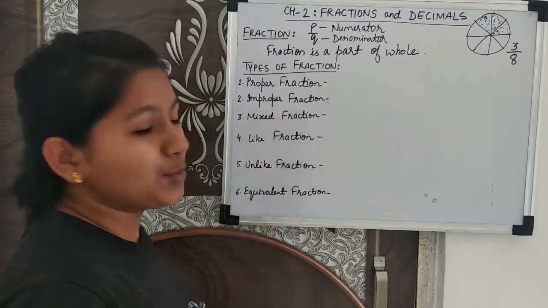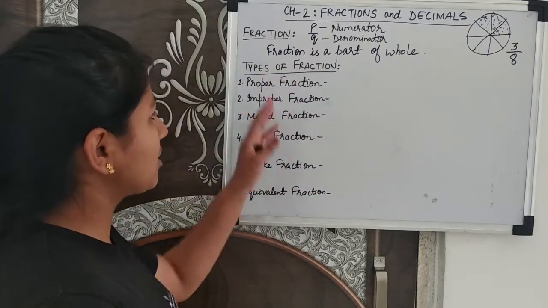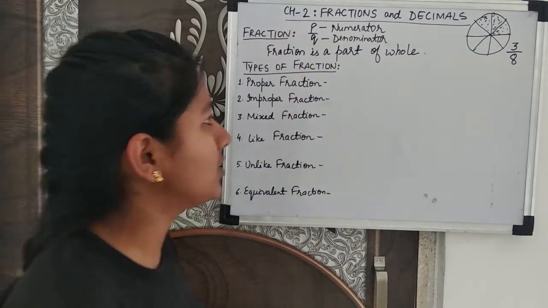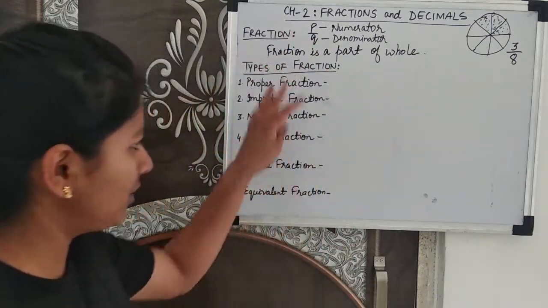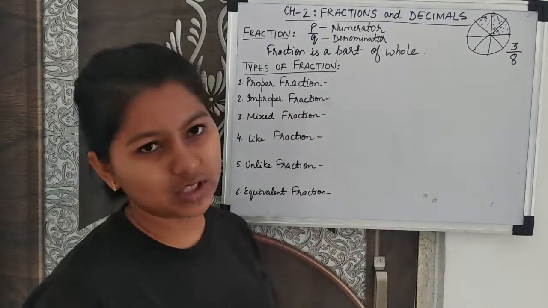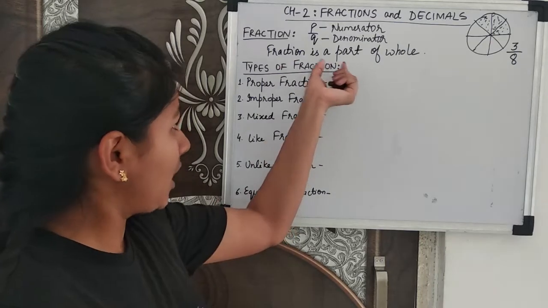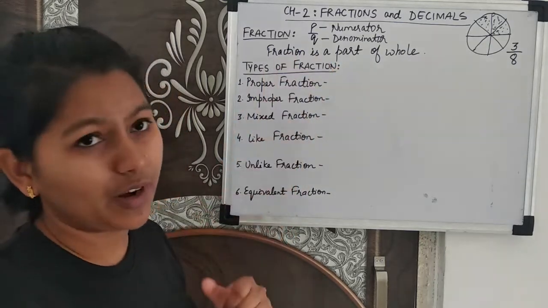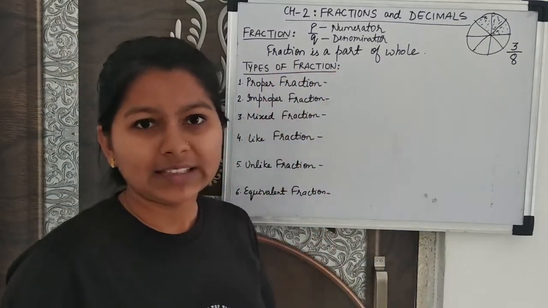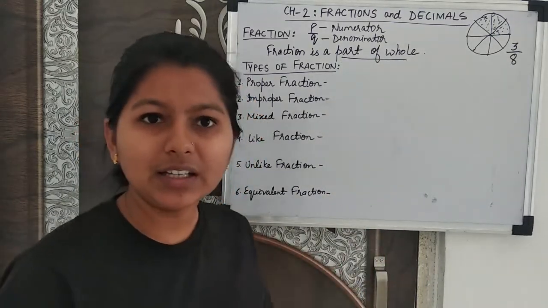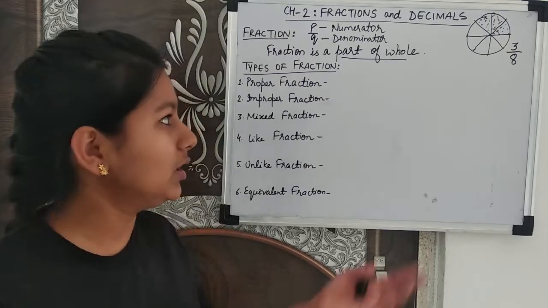Now we have types of fraction. In types of fraction, the first one is proper fraction. All these types of fraction we have studied in class 6th also. We will just revise them before proceeding to our topic. In a proper fraction, if I look again at the definition of fraction, that is part of whole, then by definition a part can never be more than the whole.